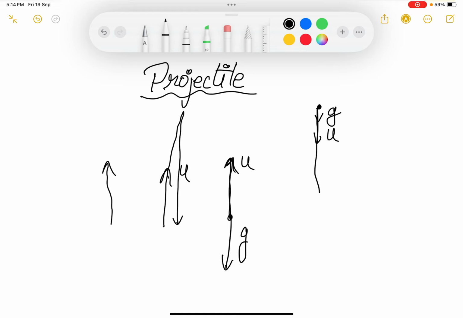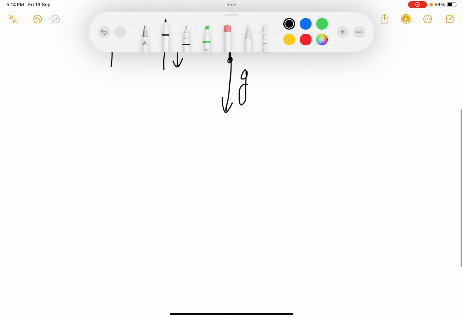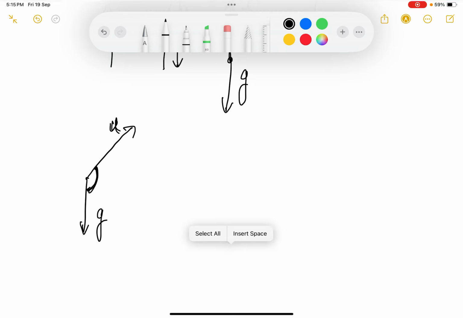But in projectile motion we throw the object at some angle. Suppose we are throwing the object in this way and acceleration due to gravity is acting in this way, and the angle between the acceleration due to gravity and the initial velocity u is theta. So if we extend this line, this angle will become 180 minus theta.